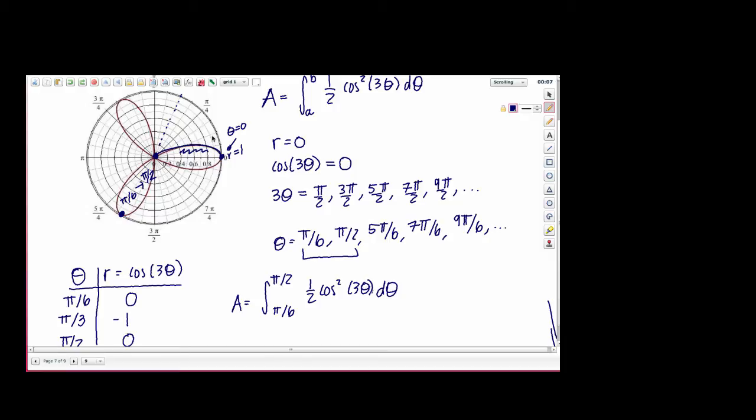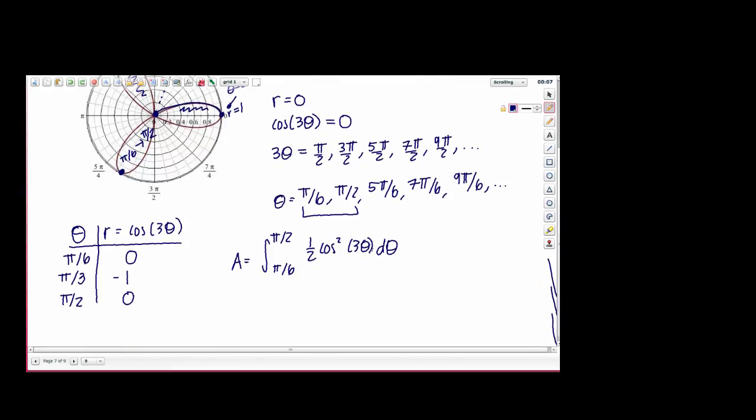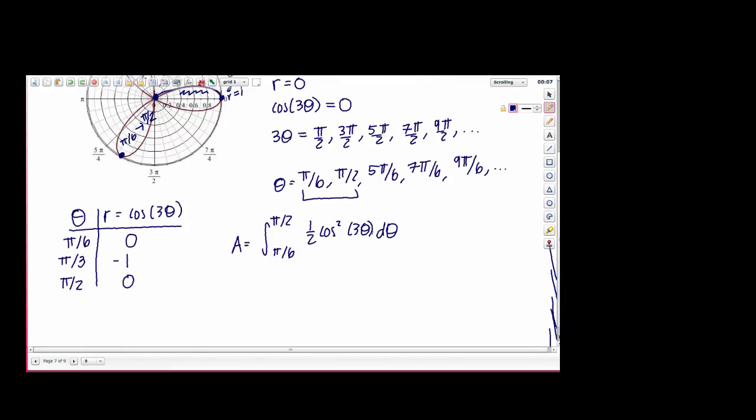There are multiple options here for finding the area of this curve. You could alternatively do any of the other loops, for example this loop. As an exercise, a good idea would be to figure out what bounds correspond to your different loops. But let's go ahead with the pi over 6 to pi over 2 bounds and figure out how to compute our area.